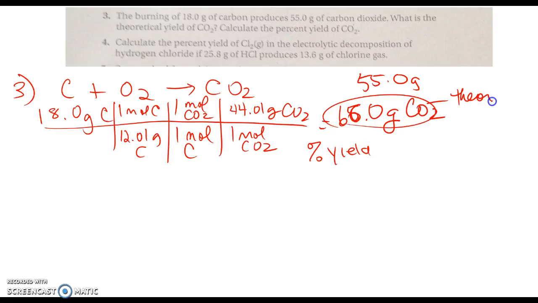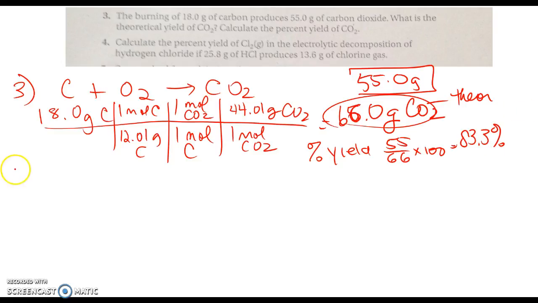This is according to the equation, but this is what we got in the experiment, so 55 over 66 times 100. So something on the order of 83.3% yield. Okay?